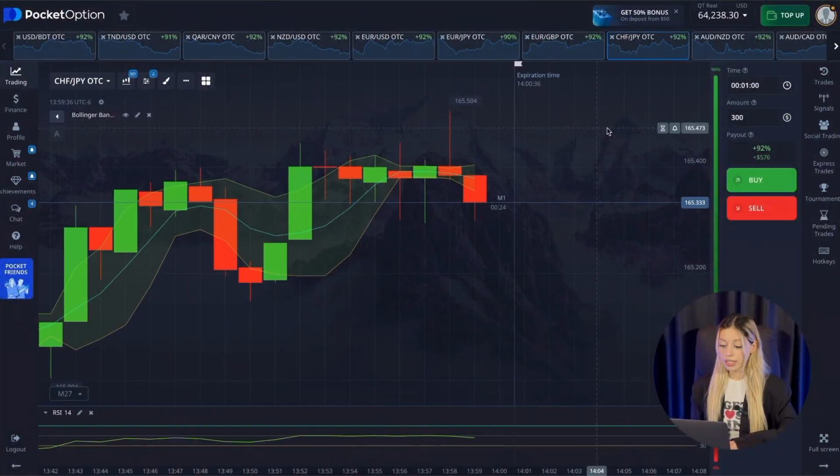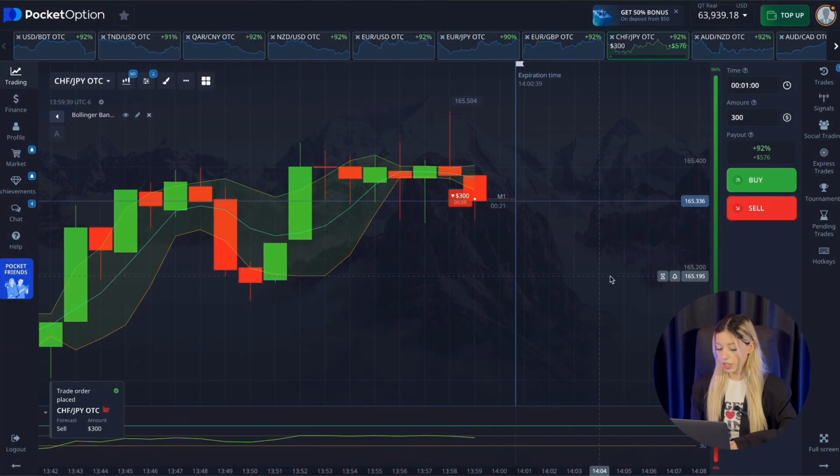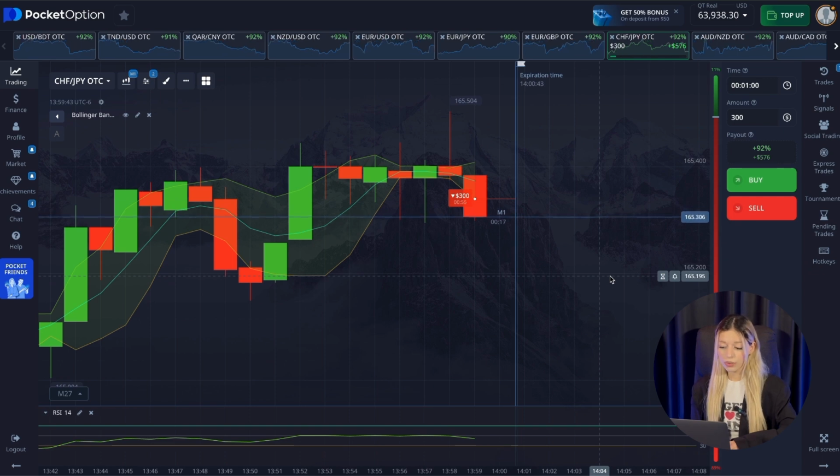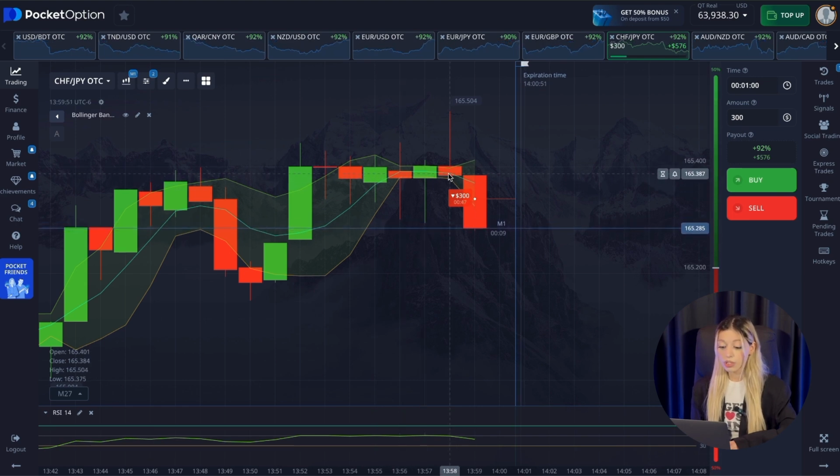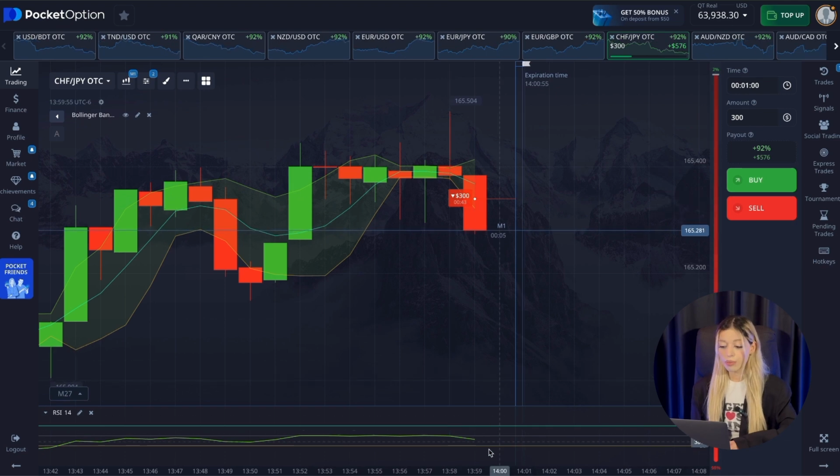Here comes our next situation. What do we see here? Our second trade, and we see the price has stalled with very narrow Bollinger Bands, and now they're starting to expand. This is where RSI comes in and it shows a strong decline. So I entered the trade for the same $300 for a sell.